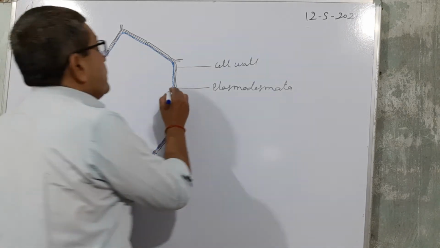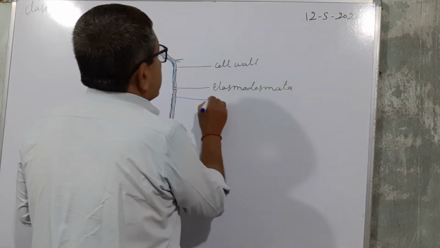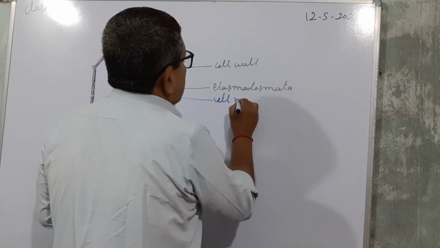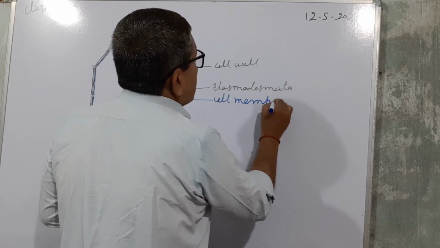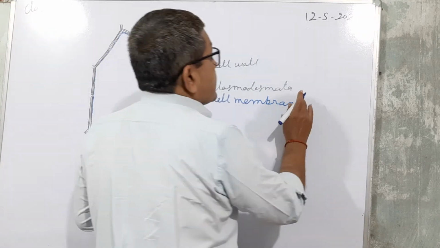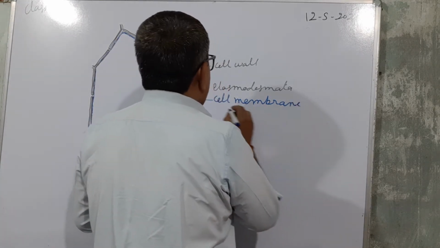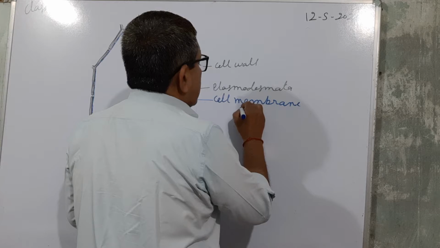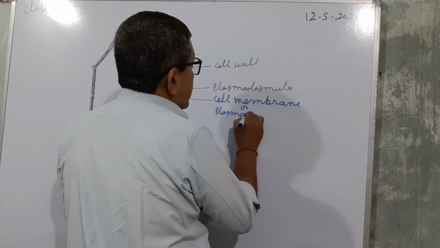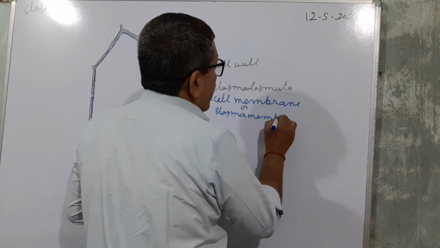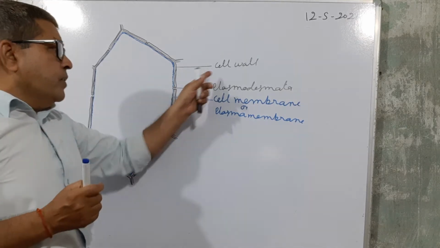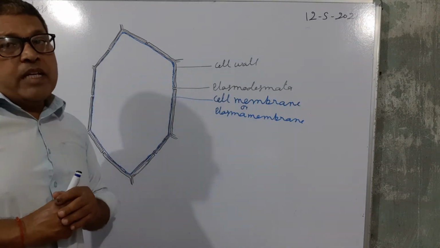So this structure is called the cell membrane, or it is also called the plasma membrane. After the cell wall, next is the plasma membrane.